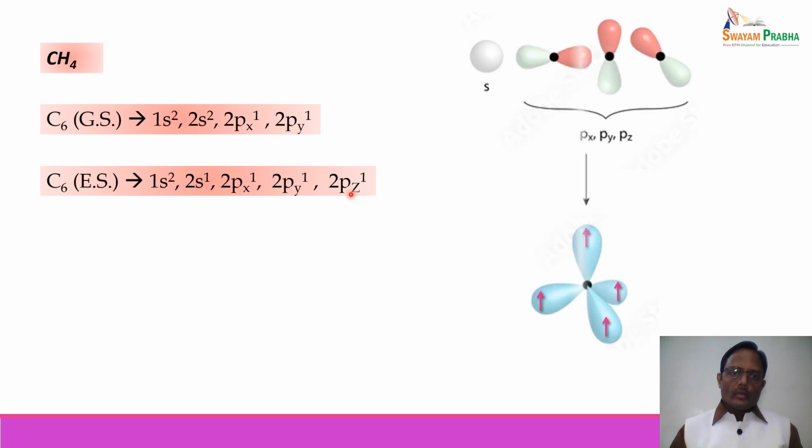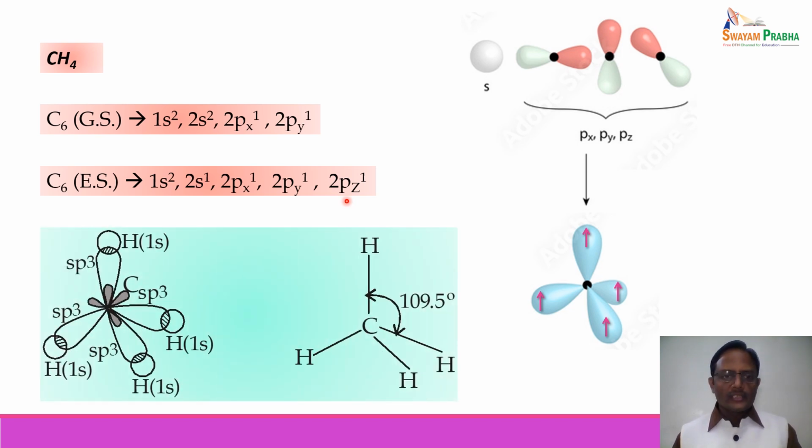Now the 4 atomic orbitals 2s, 2px, 2py, 2pz undergo mixing and form 4 hybrid orbitals called sp3 hybrid orbitals, and each of them will contain an unpaired electron because all the 4 contributing atomic orbitals have unpaired electrons. They will form bonds with the 1s orbital of 4 hydrogen atoms, which also have unpaired electrons.